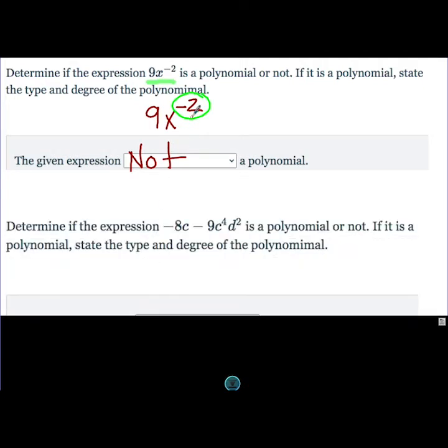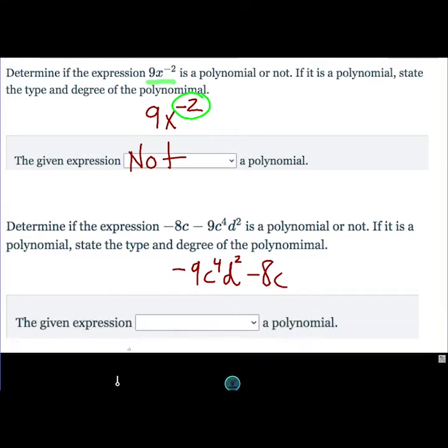As we move along to our second example, if I was to write this in standard form, I might go like this. No big deal, but I'm looking at it and I'm saying, okay, are there any negative exponents? No, check. Are any exponents not whole numbers? Nope, they're all good. So yes, this is a polynomial.